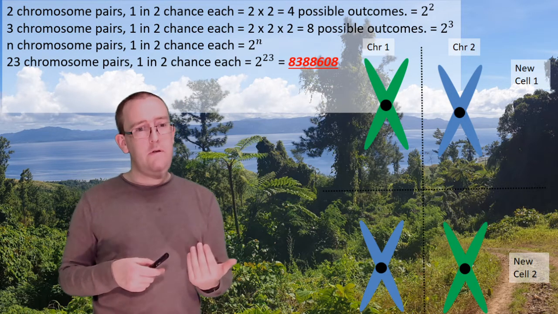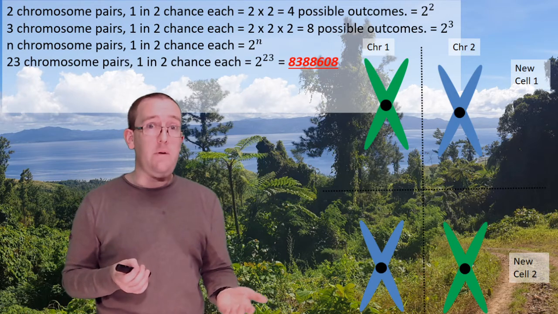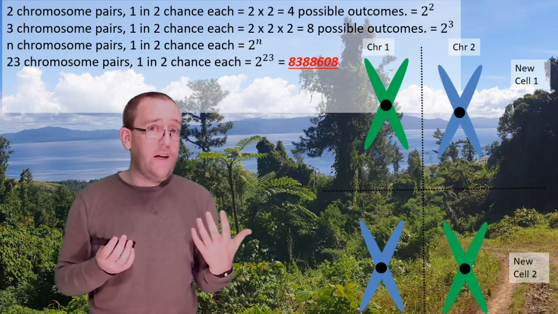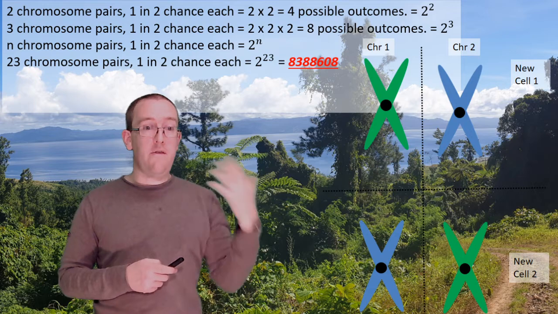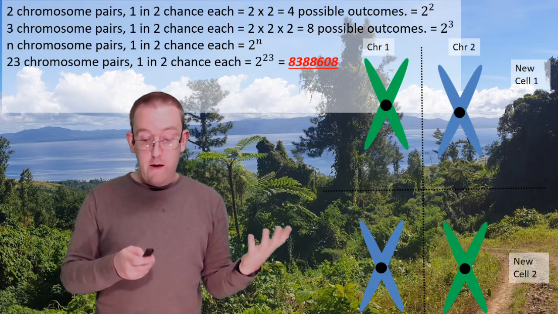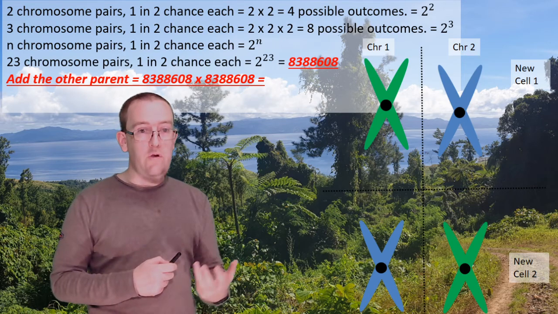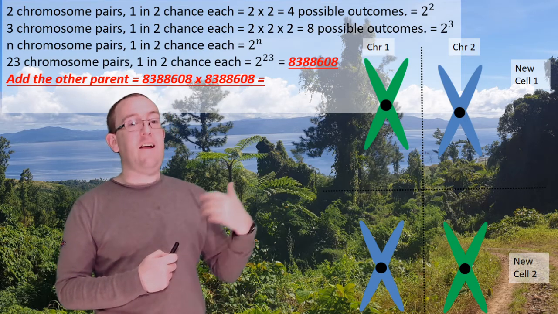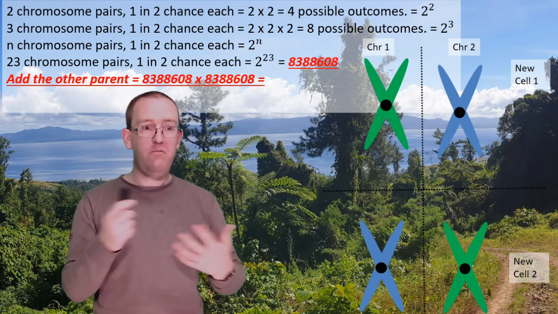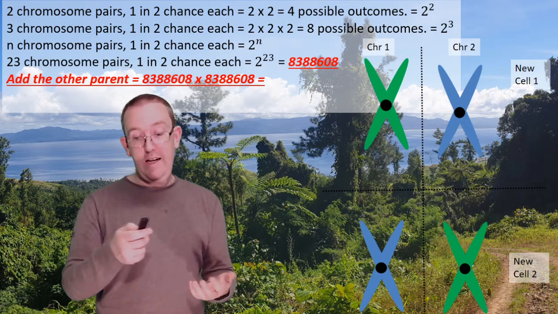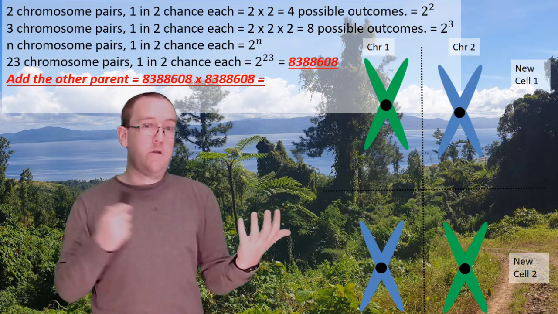Okay. Now this explains why two parents can have siblings that look very similar to each other, but they share some traits, but they'll never be exactly the same. Because with one parent producing that many different possibilities, and then you've got to multiply that by the other parent as well, who's also producing 8,388,608 possible combinations, right, of different mixtures in each gamete, and their random fertilization takes place, right, of one sperm and one egg.